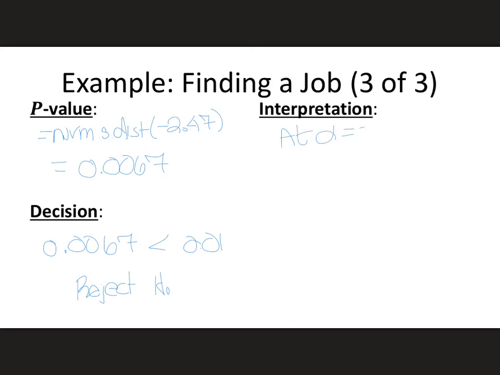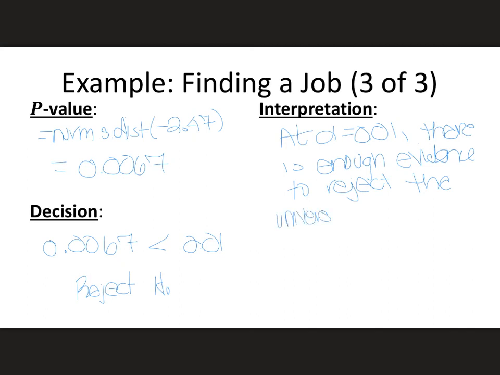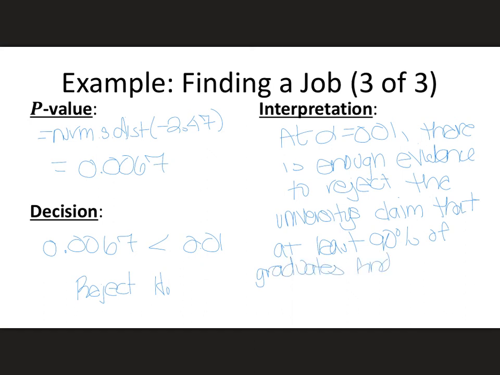So at alpha equals 0.01, there is enough evidence to reject the university's claim that at least 90% of graduates find a job in their major within 1 year of graduating.